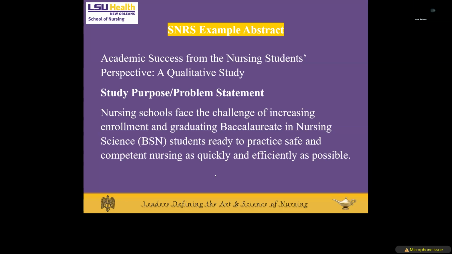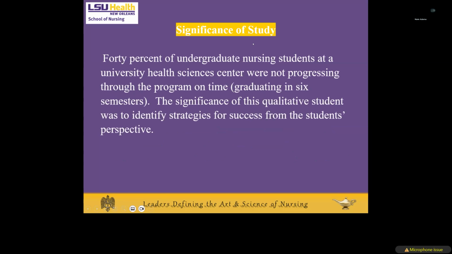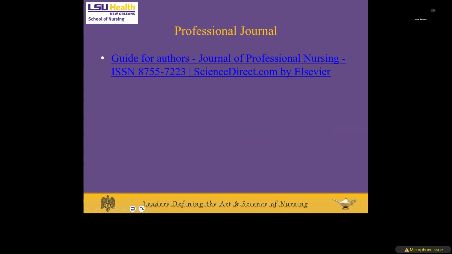And when they ask for purpose, you talk about the purpose of the qualitative study. And again, in past tense, it was to identify and understand barriers to student success and the significance to nursing. I was just trying to show you some examples of some summaries.